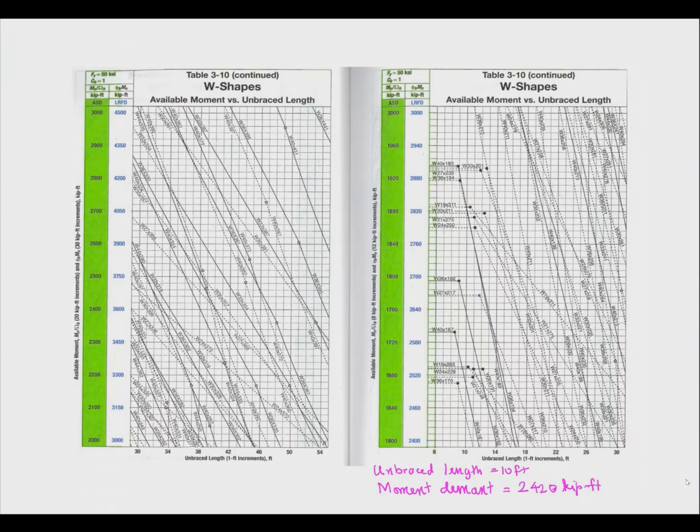We can go and look over here. So we have an unbraced length of 10 feet and we want a moment capacity of 2,420 kip feet. So it looks like a W36 by 170 section will do the job.